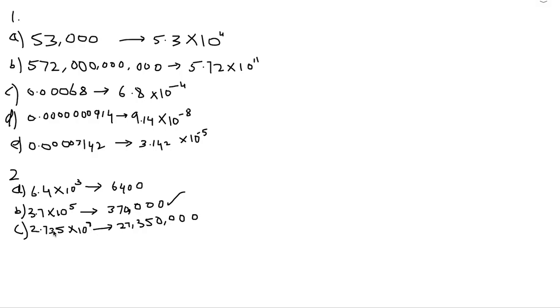So 1, 2, 3, 4, 5, 6, 7. So this is the way 10 to the power 7 becomes big. Had it been 10 to the power negative 7, the decimal point would need to be moved to the left side, not to the right side. That makes sense, I hope.